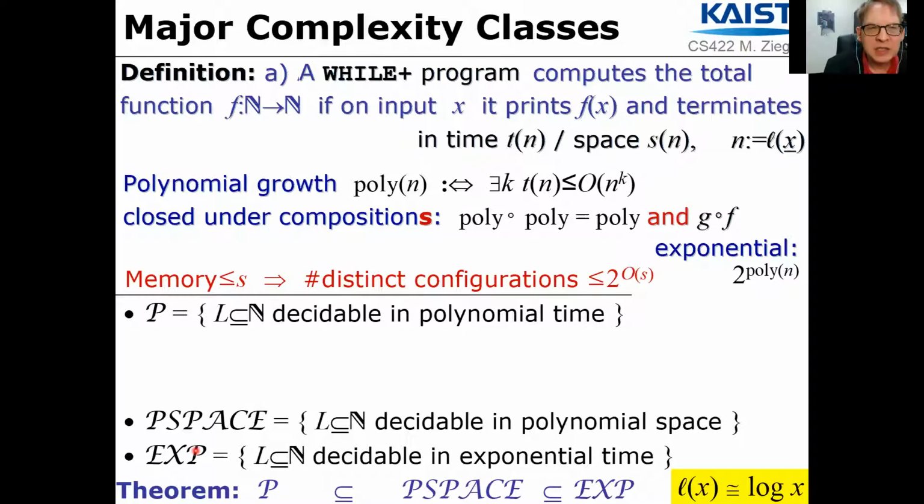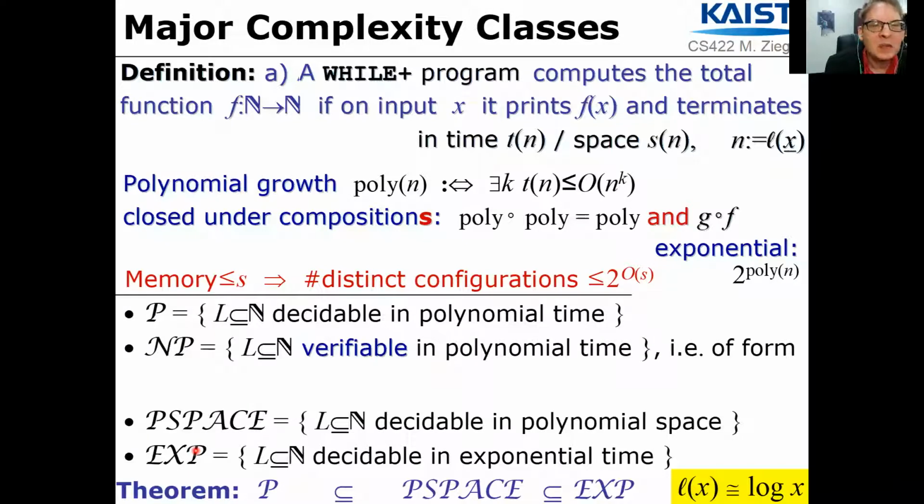For now, let's take a syntactic approach, and define NP simply to be the class of all polynomial time verifiable problems.